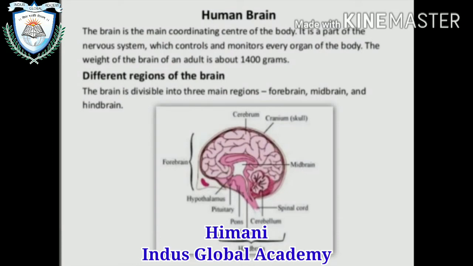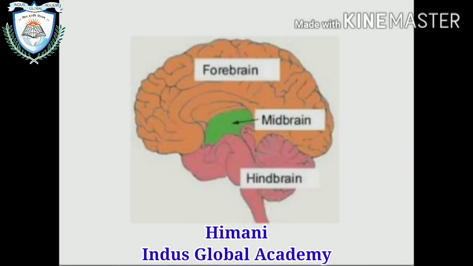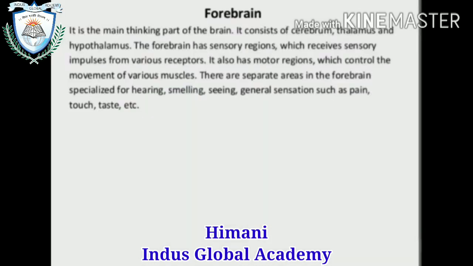There are different regions of the brain: forebrain, midbrain and hindbrain. In this picture you can see the upper part is the forebrain, the green part is the midbrain and the pinkish part is the hindbrain. Now the forebrain. It is the main thinking part of the brain, which consists of the cerebrum, thalamus and hypothalamus.